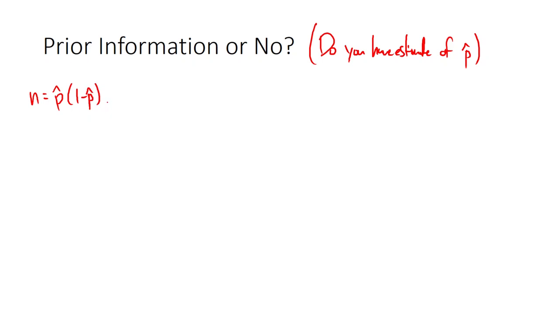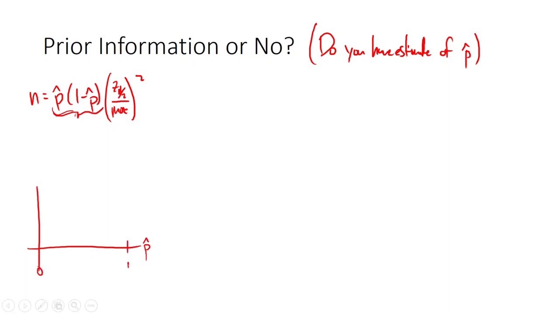Because here's the thing about this quantity right here. Proportions have to be between 0 and what? They have to be between 0 and 1. So p hat has to be somewhere between 0 and 1. If you look at that function, p hat times 1 minus p hat, if you distribute that, it's actually a quadratic equation. I don't know when the last time you did quadratics was. I'm sure it was great fun.